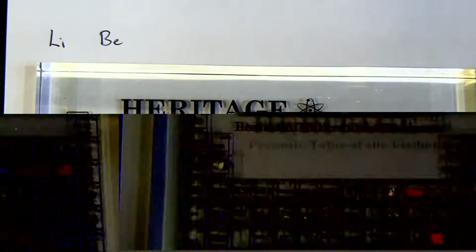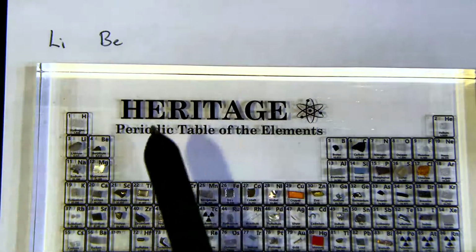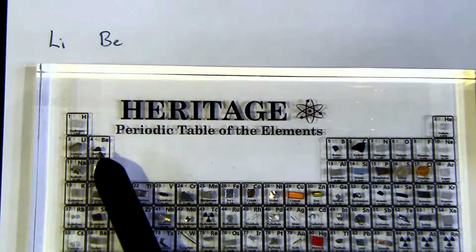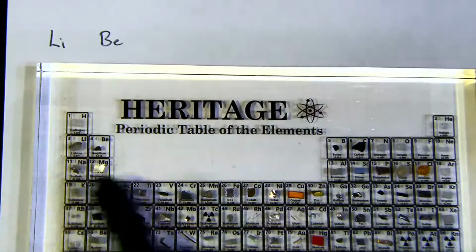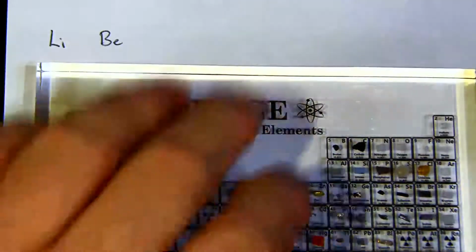Just turn it round. Can you pull? There we are. Slightly easier to see. Now, beryllium is very toxic, so we're not going to look at that one. So rather than go across that period, which is quite difficult, let's look at the next period.